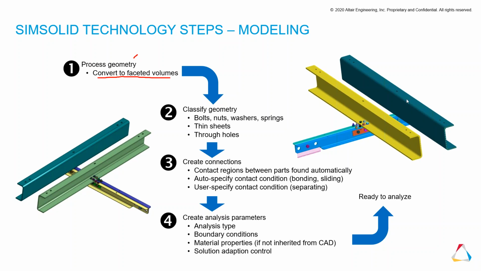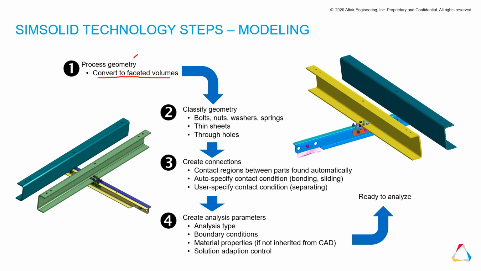Okay. Let me just check for a moment. Just see if everything's okay. Right. So, yep. Yeah, so we convert them into faceted volumes, and what's next? Before the user actually does anything, the algorithm in SimSolid will detect and classify geometry, right?